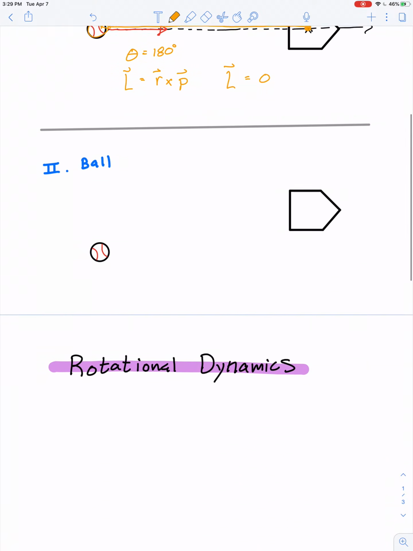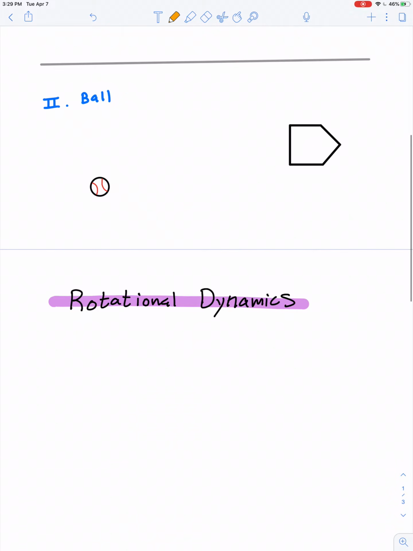Now let's consider another case where the pitcher throws a ball. So the baseball follows a line that's off the plate, but we still keep the center of home plate as our point of reference. So now we've got a momentum vector that points to the right, and we have a lever arm that points from the reference point to the object, and there's some angle between those two that's not equal to 0.